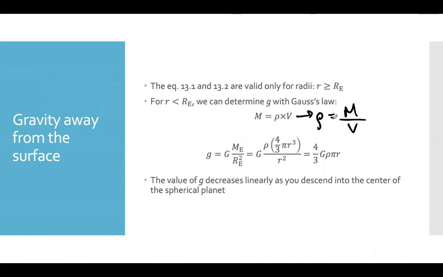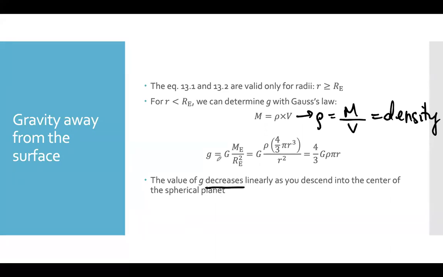If we use this idea and plug it in, we find that g is equal to 4/3 of capital G times rho times pi times r, where rho is m over v, the density. Now, the value of g decreases linearly as you descend into the center of the spherical planet. We will notice that.